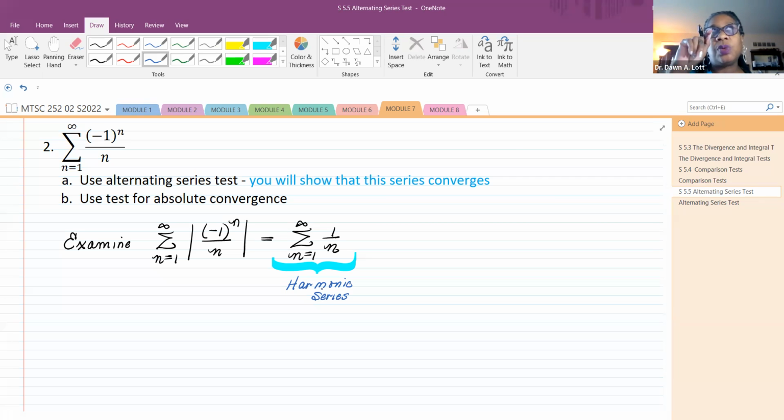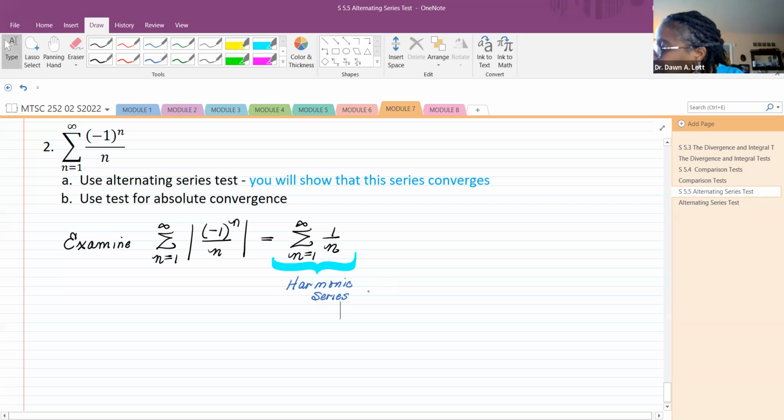This is P equal to 1. Antoine, it's on the tip of your tongue. You said when P equals 1, the series should diverge, right? Good, this diverges. Told you you had it, I could tell.